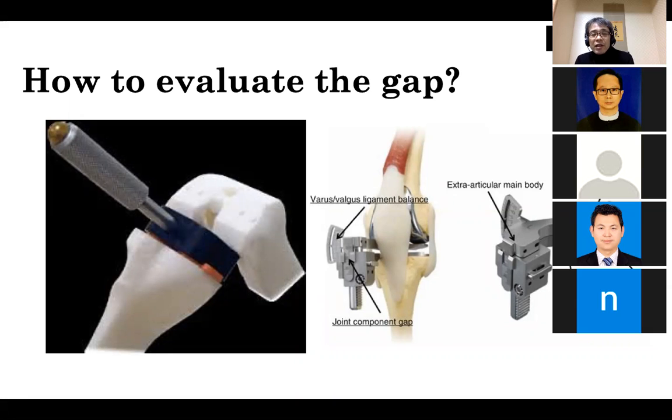On the other hand, there is a tensor. A tensor is a device to make a distraction, a distracting stress. It is also a very valuable tool, because we can evaluate both the gap and the angle between the bone cutting planes.